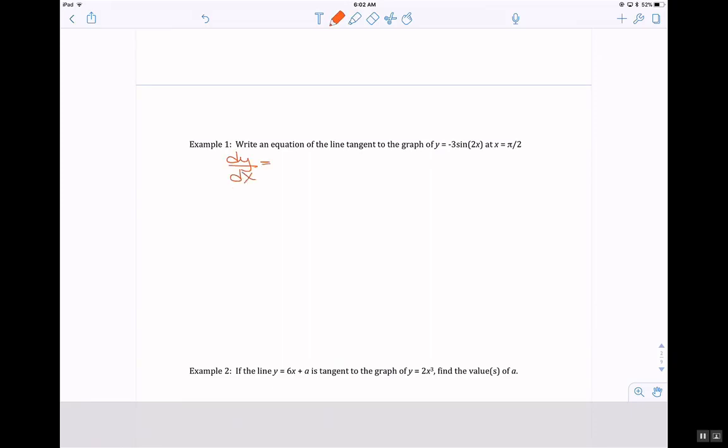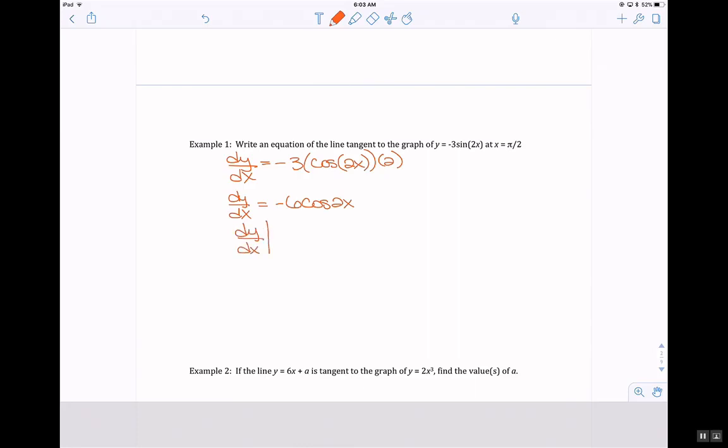dy/dx is equal to negative 3. This has chain rule, so the derivative of sine is cosine, and that's of 2x. And then take the derivative of 2x, which is 2. So dy/dx is negative 6 cosine of 2x.